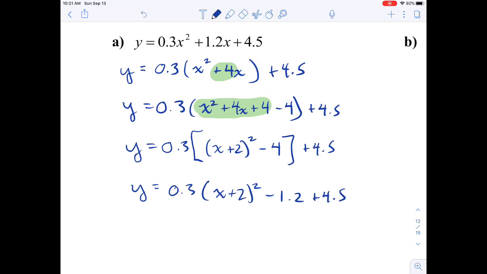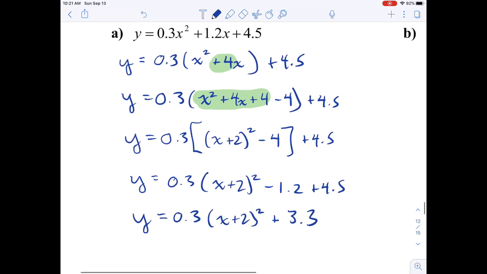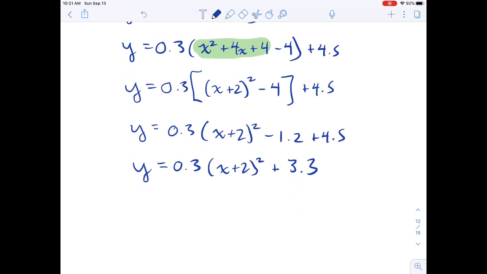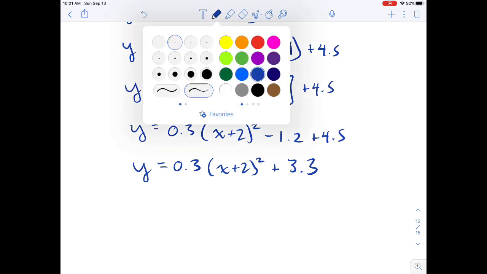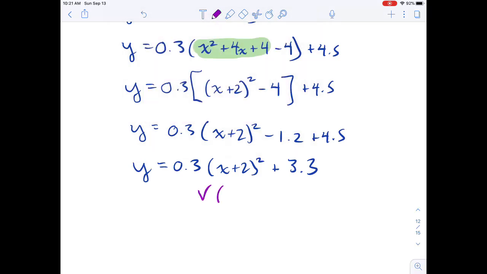We're going to then also add that with 4.5. So overall, we have 0.3 times (x plus 2) all squared, and then plus 3.3 hanging off the end. So that is our vertex form now, and that means we can quite literally state our vertex, so that's important. The vertex is going to be at negative 2 and positive 3.3.